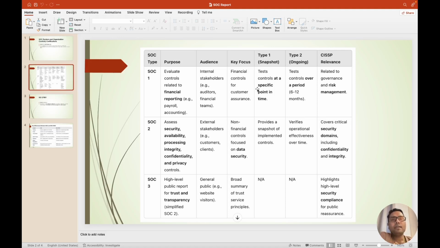So we need to understand two things here. One is type 1 report, which means a snapshot. That means at a specific point of time. Think about a picture. You are taking a picture today. This picture represents that you have some controls in place.